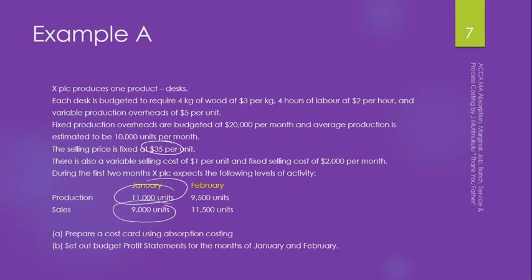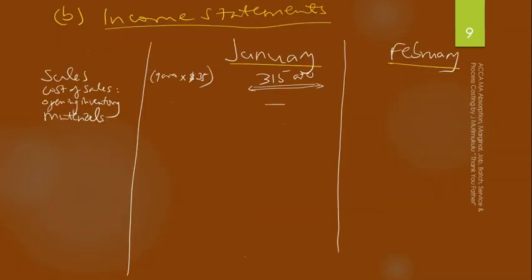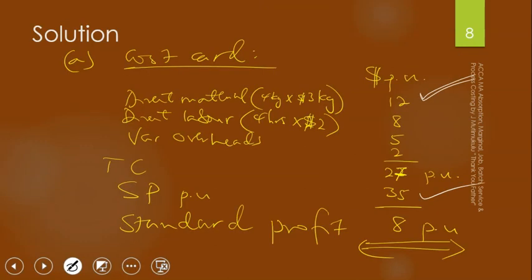However, in the business environment, it doesn't work like that. It doesn't mean that when you produce more, you're going to sell more. So for the cost, we are using the units which have been produced. So 11,000 units were produced, and each unit was costing $12 in terms of material cost. So that's 11,000 units multiplied by $12.